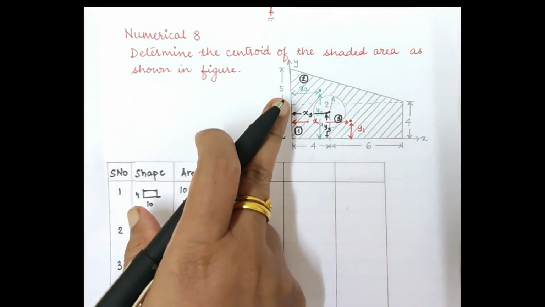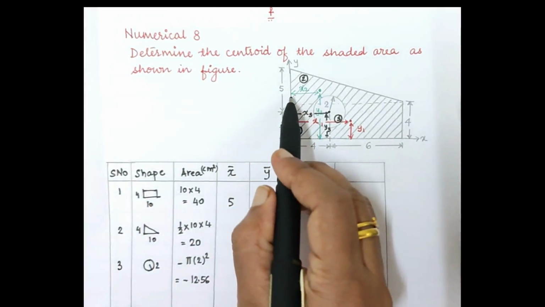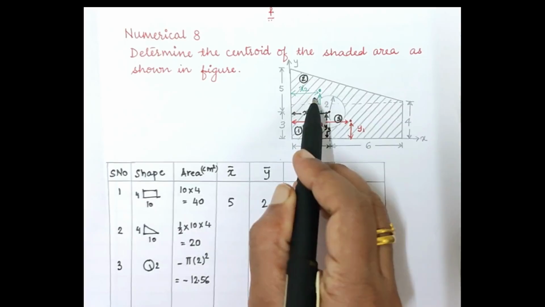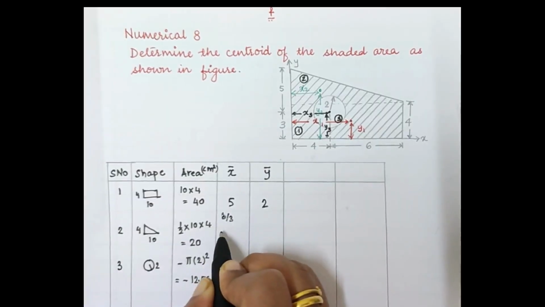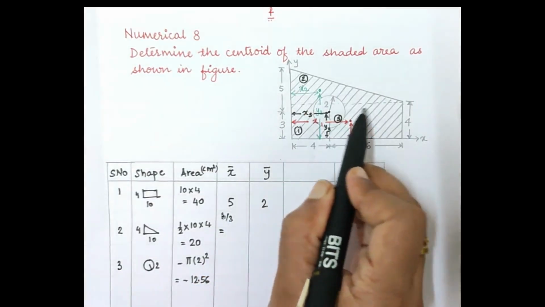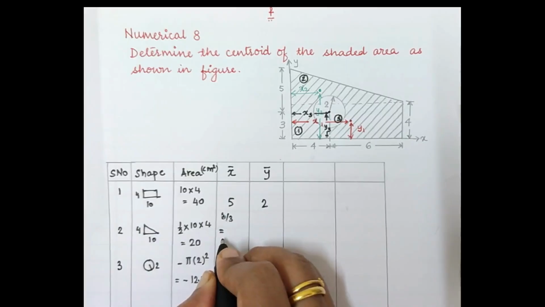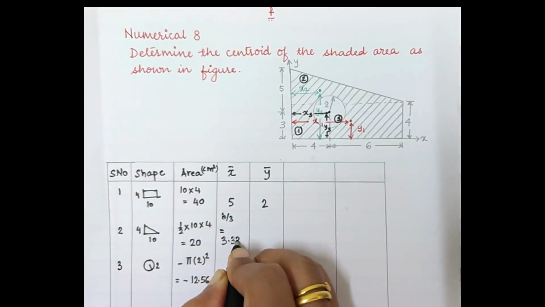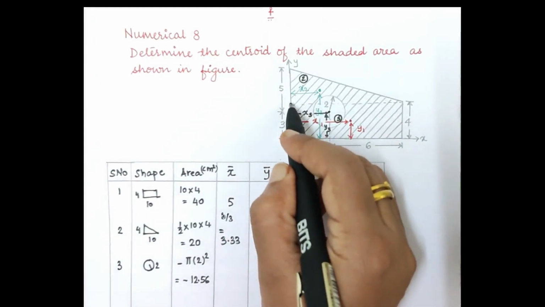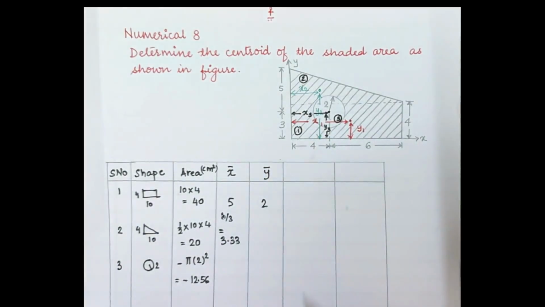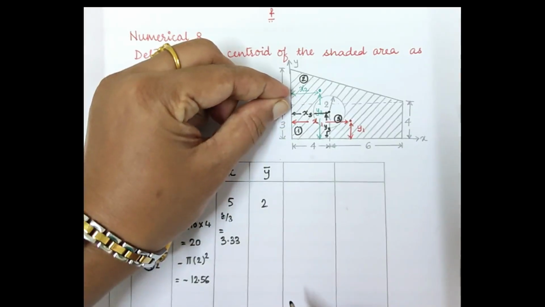For the triangle, we have to take 1/3 of the base. I'm just writing it over here. Base by 3, which is nothing but 10 by 3, comes out to be 3.33. Similarly, for the y, we have to take h by 3, but h by 3 will be only this value.